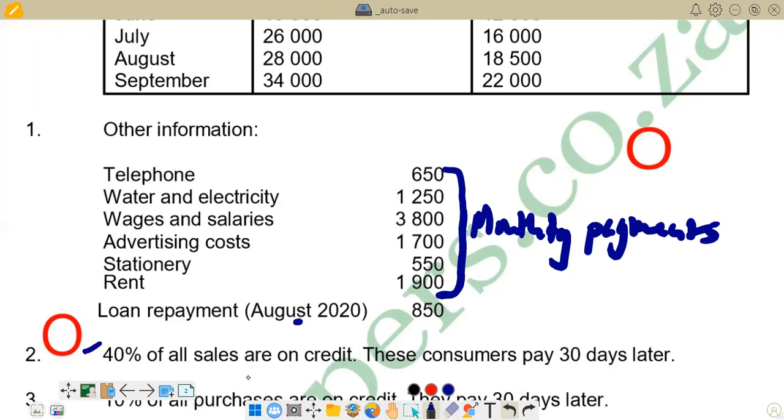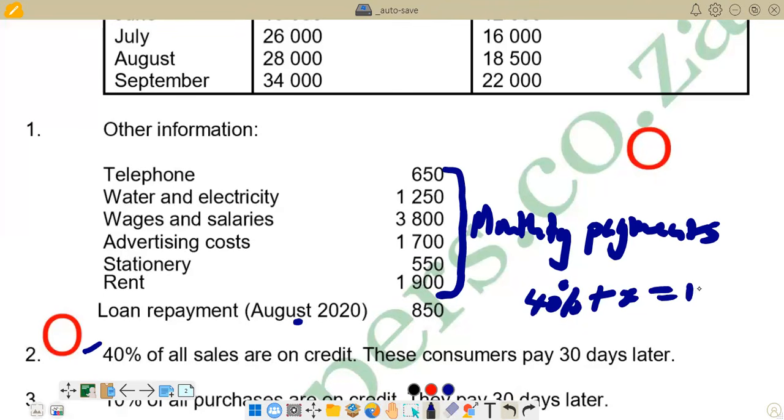So here, this is where the explanation is in terms of cash sales and credit sales. Cash sales are the remainder, which means 40% are credit. So if we say 40%, which is the credit, then we add X, which we don't know, that is the cash sales.